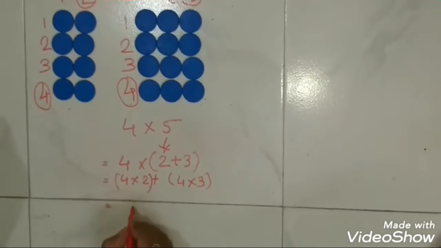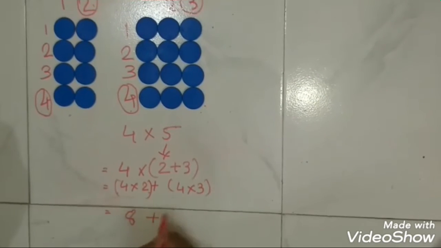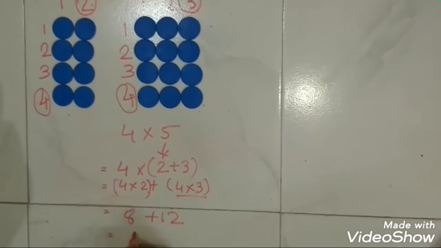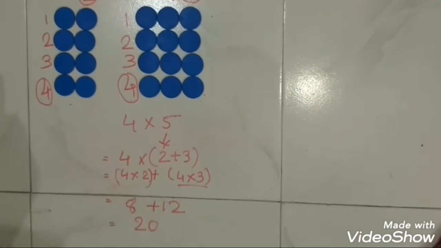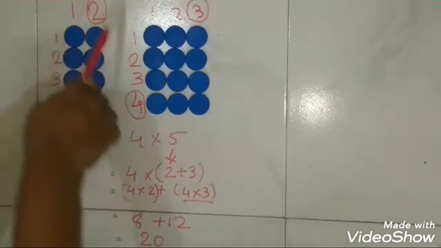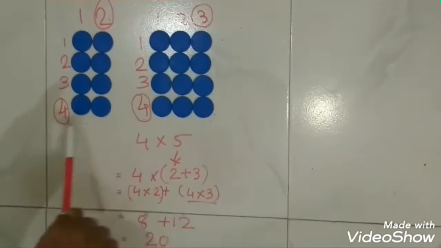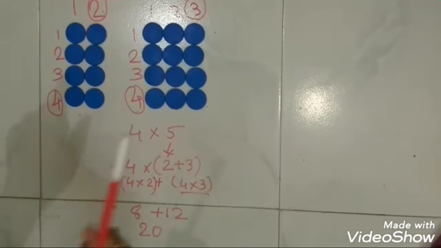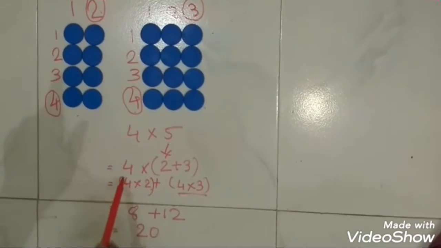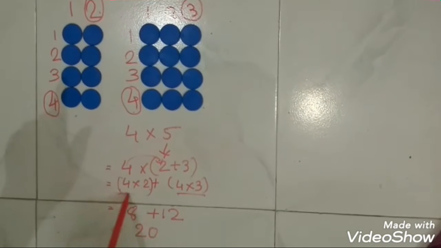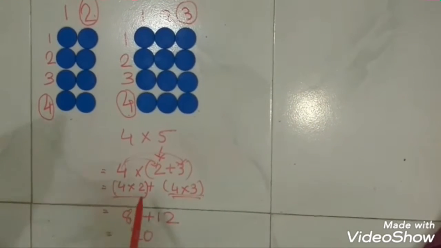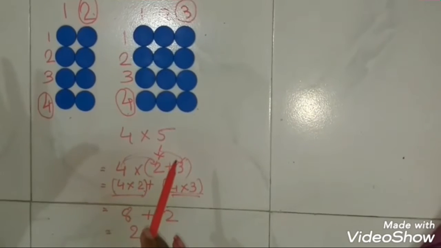So 4 2s are 8 plus 4 3s are 12 is equal to 20. You can see here, you observe here 2 shapes. I took rows and columns, but if we go theoretically, then you can observe here 4 into 2 is my first step, and 4 into 3 is my second step. So it is right, verify also.